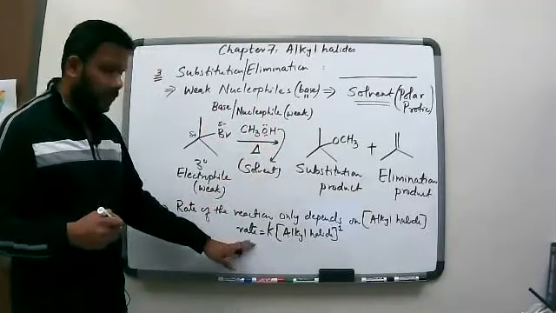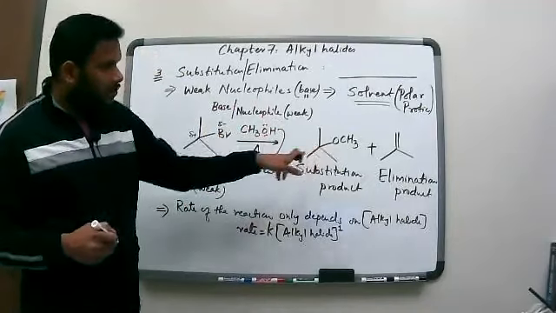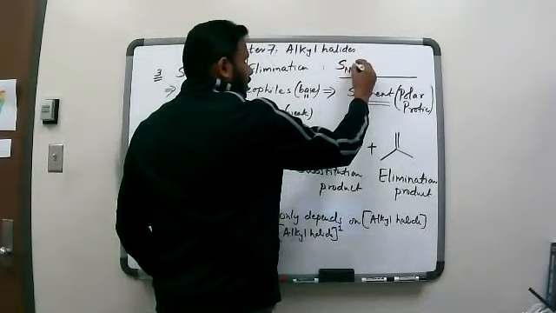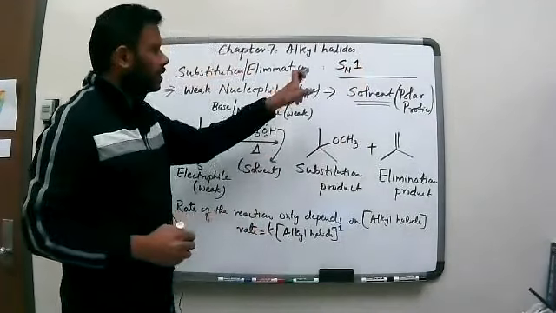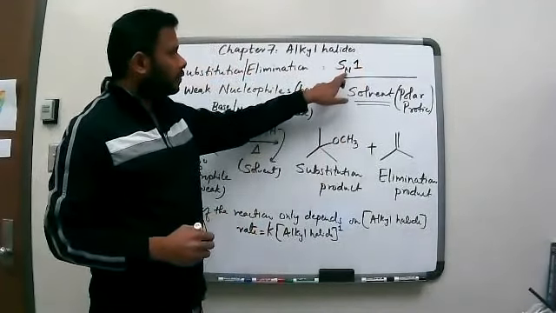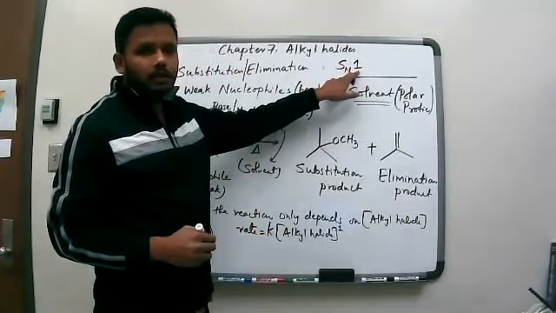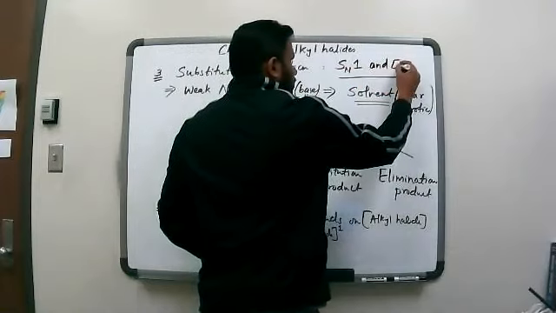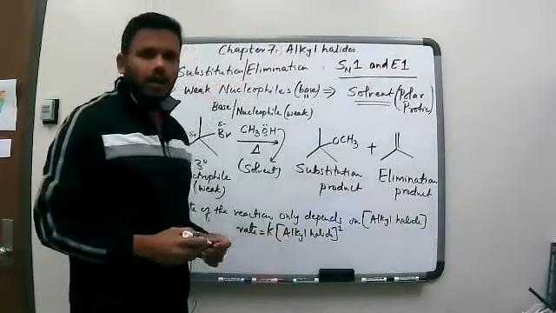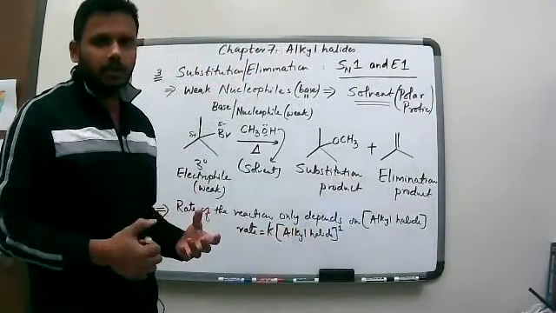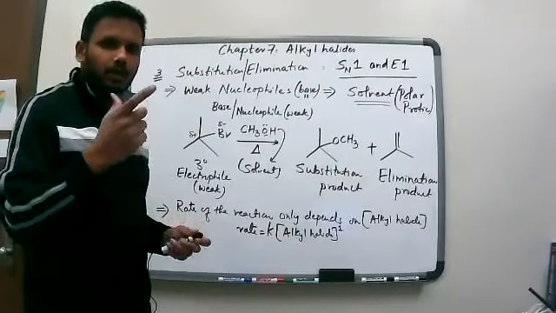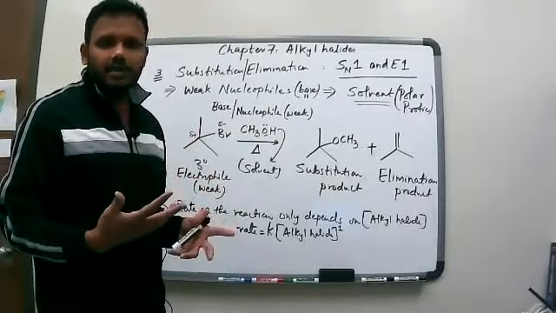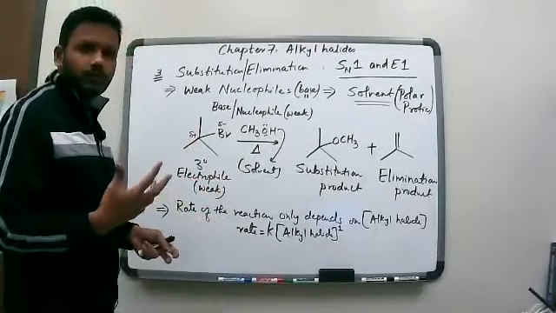So for that reason, these reactions are called SN1, substitution, nucleophilic, unimolecular, and E1, elimination, unimolecular. That means there is only one molecule in the rate determining step in some sense.